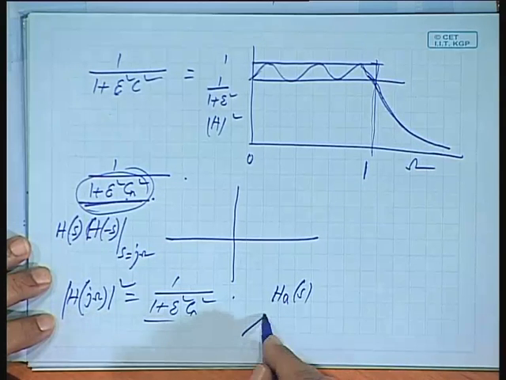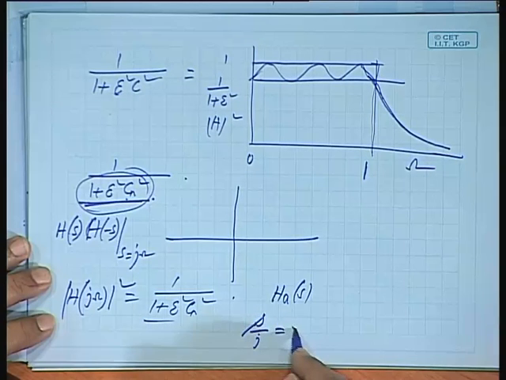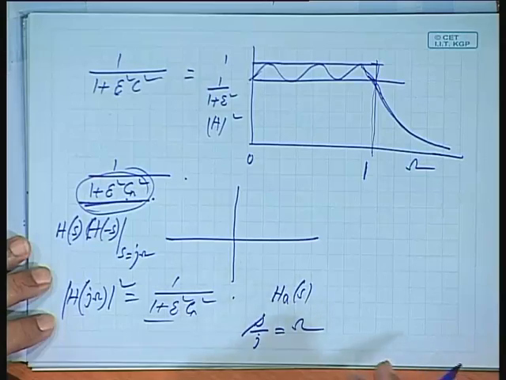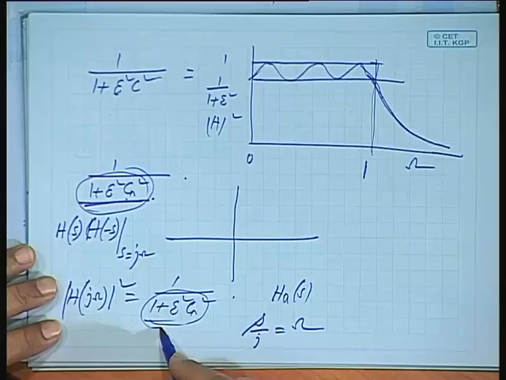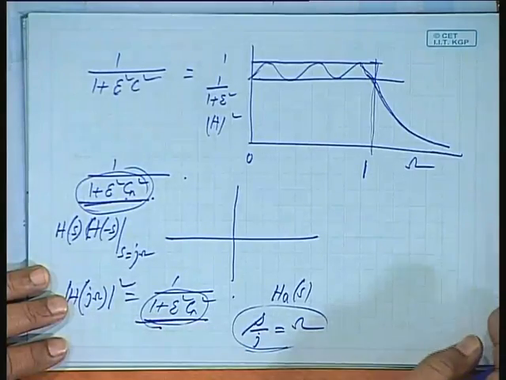You substituted s by j omega, if you remember, and then you found all the roots. They were all on the unit circle, and then you took only the left half plane roots and formed the polynomial that gives you H(s). Similarly here, find the roots of this and take only the left half plane roots. The right half plane roots and left half plane roots will be in symmetric positions, mirror images. After this substitution, you calculate the roots.